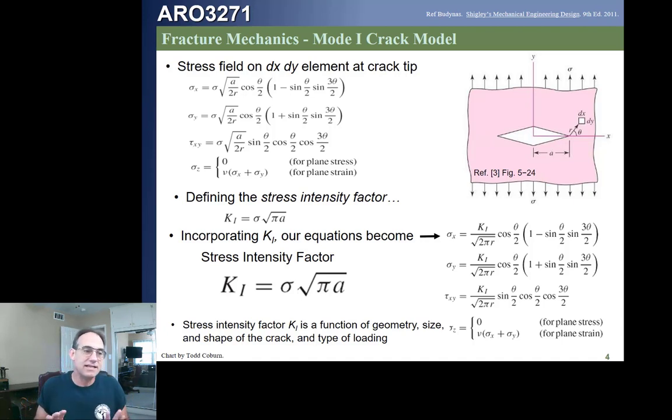Now, the stress intensity factor is a function of geometry, size, and shape of the crack and type of loading. But if you think about that statement that I just made and you look at this equation, it doesn't look like we have a whole lot of this information. This statement says it's a function of geometry, size, shape of the crack, and type of loading.